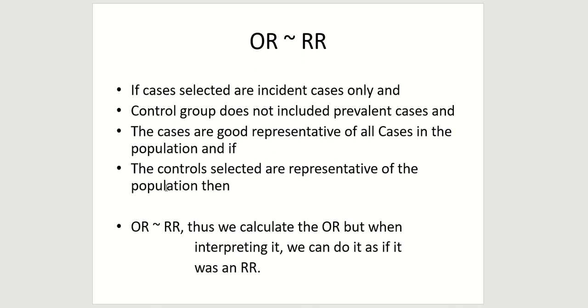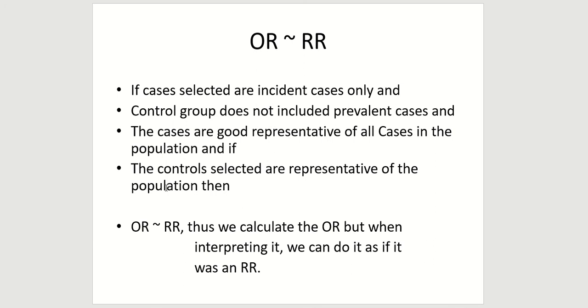However, in a specific scenario, which is rare to happen, in case your cases selected are incident cases only, and your controls selected are representative of the controls group, and there are no prevalent cases at all. Your cases are a good representative of all cases, and your controls are representative of all controls. Meaning the selection that you did is a very good selection.